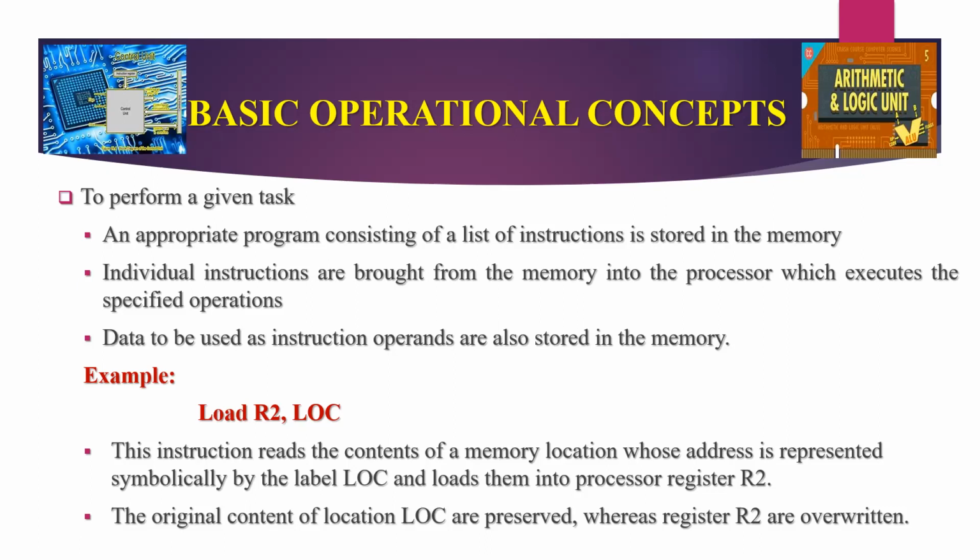It means we get the data from the specified memory location, and that data will be stored in the general purpose register R2. The original contents of location LOC are preserved, whereas register R2 is overwritten. So the LOC content will not be changed, but the R2 content will be changed.